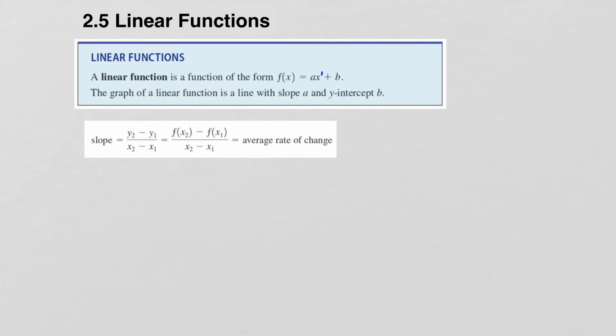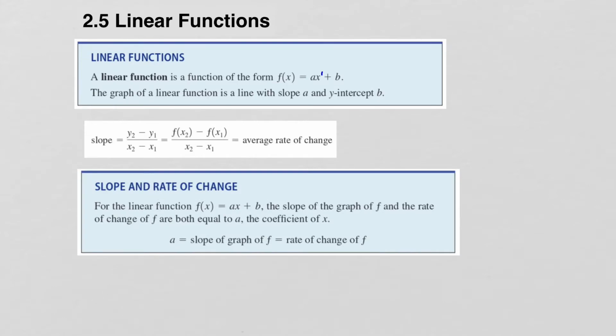Now, the graph of a linear function is a line, and the slope of that line is a, which is the coefficient of x, and the y-intercept is the number b. And keep in mind that the slope has a formula, and that formula can be expressed like this, and this is the same as the average rate of change like we talked about earlier.